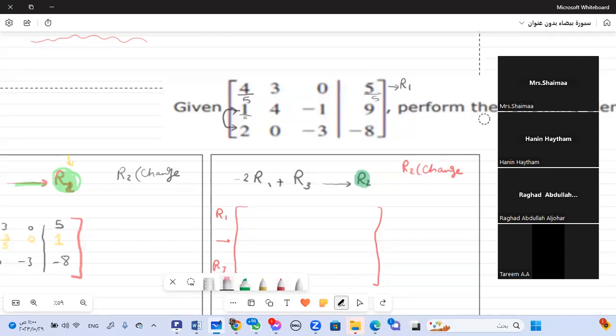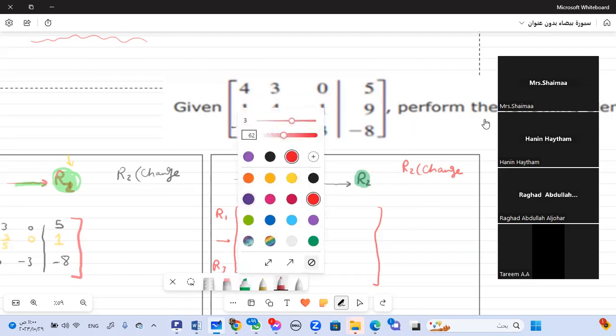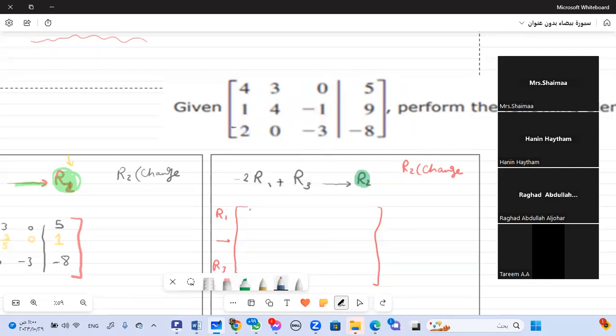Write the rows that are constant without a change first. R1 will be 4, 3, 0, and 5. R3 will be 2, 0, -3, and -8.